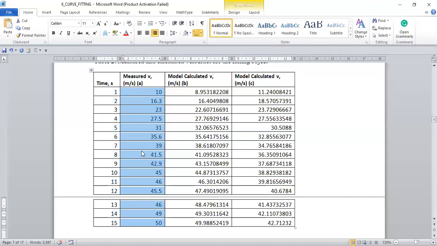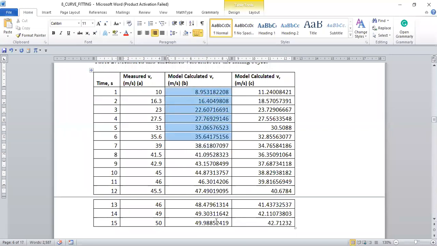So an experiment was actually conducted. Then the velocity of the ball at time t equal to 1 is given by this. Then at time t equal to 15 is given by this. So this is the correct measurement, the correct data. But we have a model, and we derived the model.